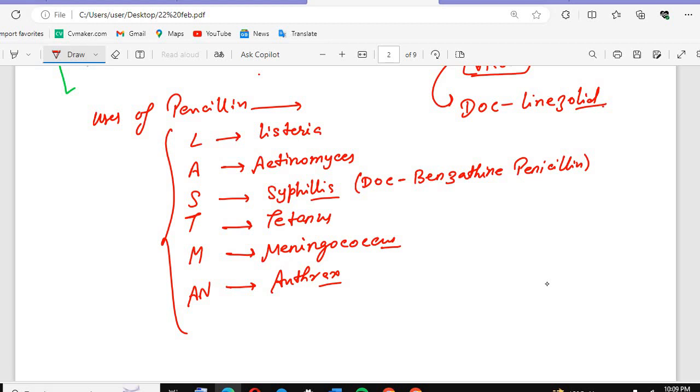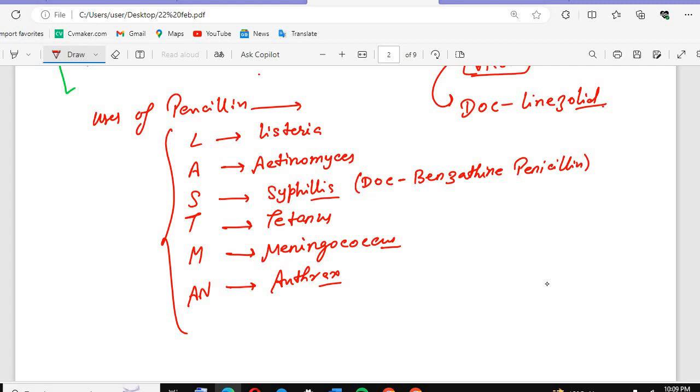The drug of choice for syphilis is benzathine penicillin. This you need to remember. For Pseudomonas, remember piperacillin plus tazobactam.